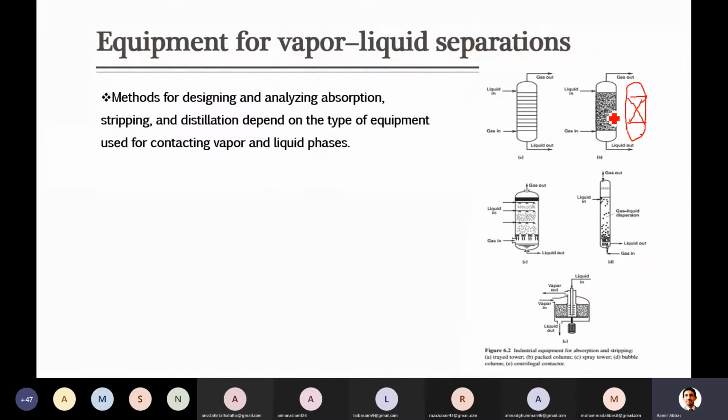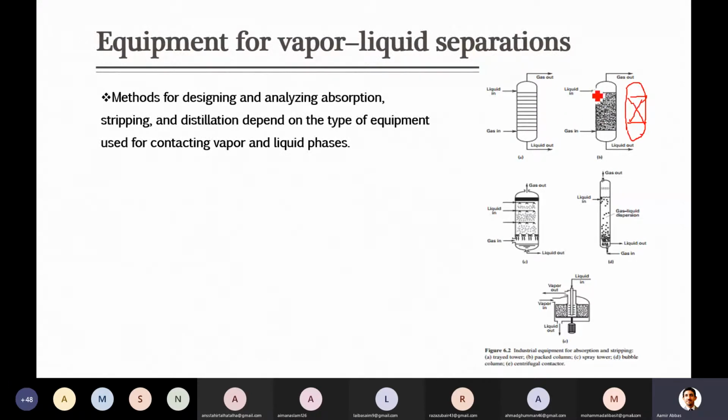Later, at the end of this lecture or in the next lecture, we will be talking about packing, or maybe you are already somewhat familiar. Packing is some random structure, liquid flows on the surface of those random structures, and vapor also moves towards the top. On the surface of those random structures there is contact between the liquid and vapor. In the case of packings, there is no liquid hold up as occurs in the case of plates.